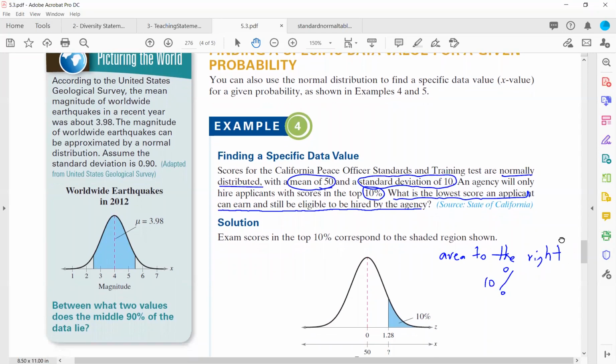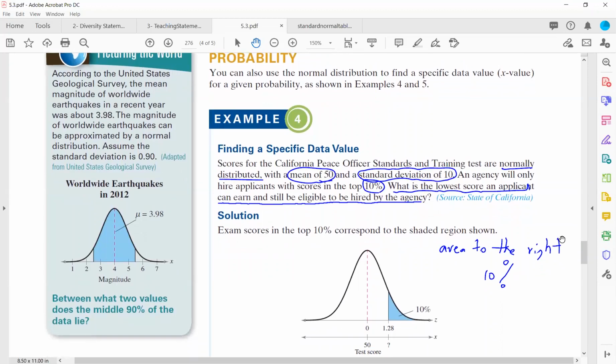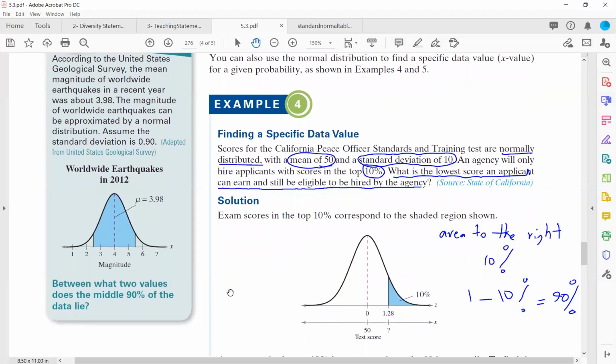First of all, since this is area to the right-hand side, if you do a little bit of algebra, 1 minus 10% gives you 90%. By looking at your table, you can find the z value that corresponds to 90%.